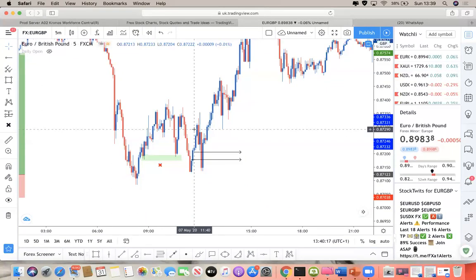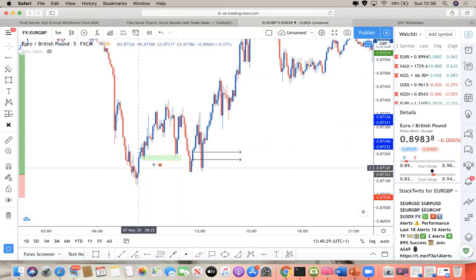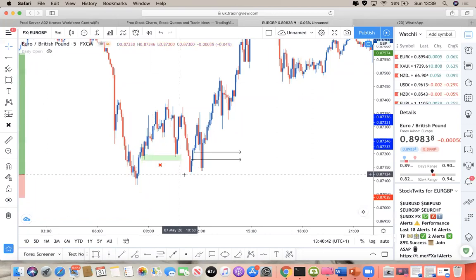Okay, so what I'm saying is, do you have an institutional candlestick formed? Number 1. Did the institutional candlestick take away liquidity? Number 2. Has price created an imbalance away from the institutional candlestick?